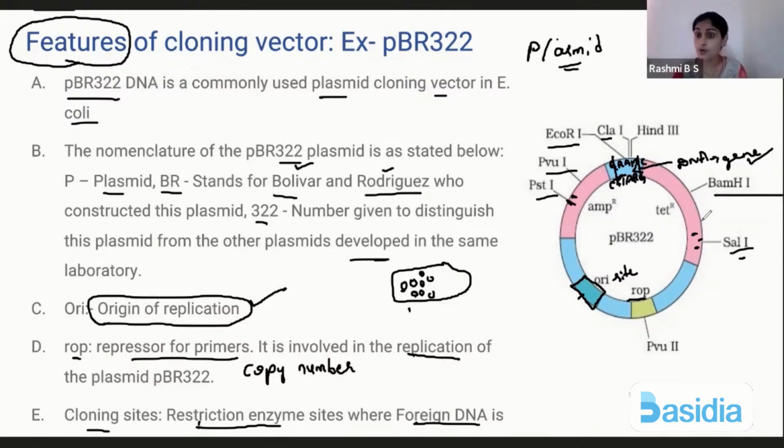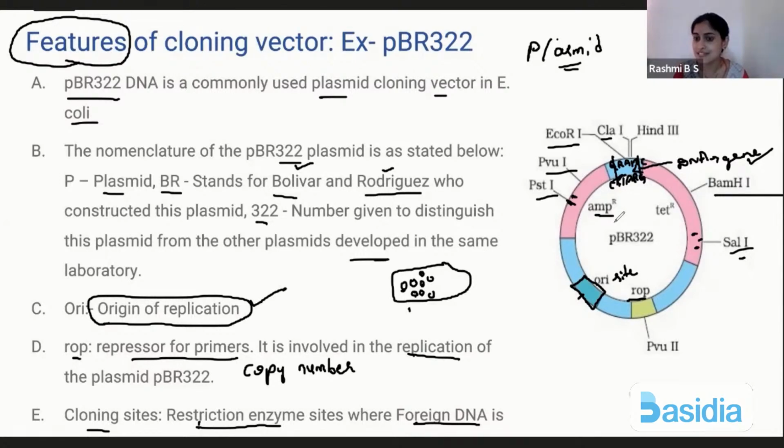Okay. So now observe carefully. We are studying salient features of this plasmid, right? We studied what is origin of replication. We studied what is ROP. We studied what a cloning site is. Now if you observe carefully, you also have some labels. Can you see?